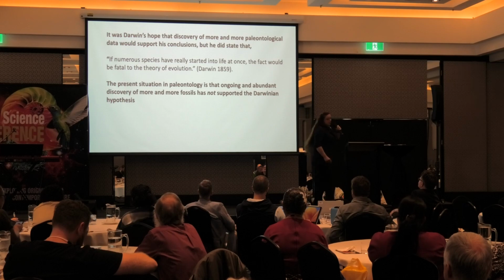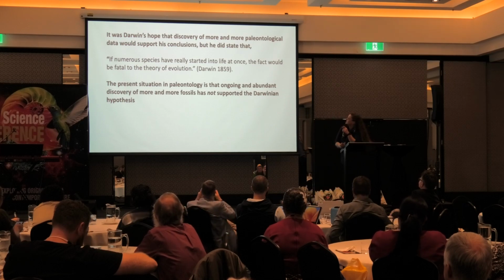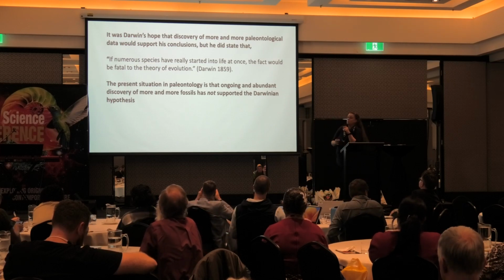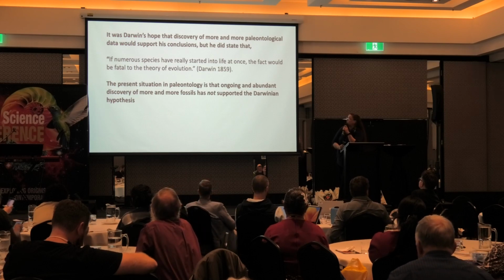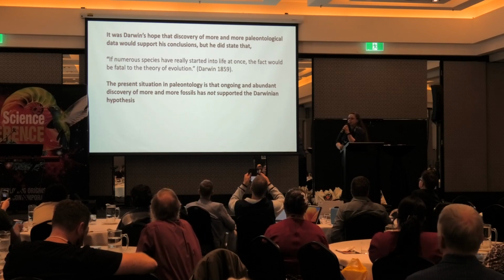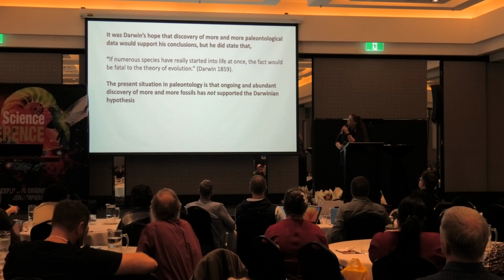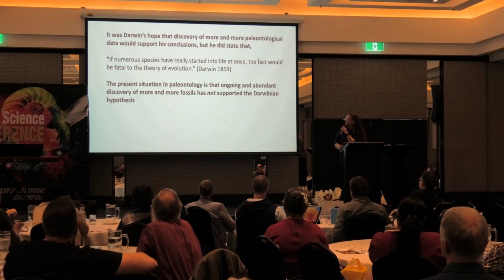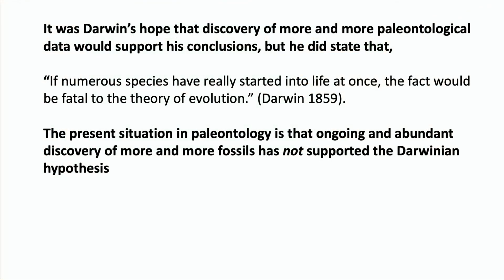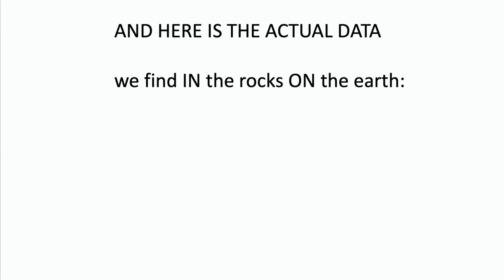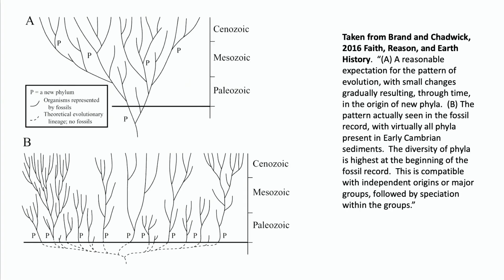Okay, so Darwin's hope is that the discovery of more and more paleontological data would support his conclusions about this phylogenetic tree. But he did say this: if numerous species have really started into life all at once, the fact would be fatal to the theory of evolution. And the present situation in paleontology, and there's ongoing and abundant discovery, is this diagram that comes right from Dr. Brand's book, Faith, Reason, and Earth History.